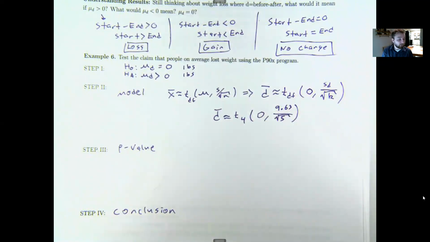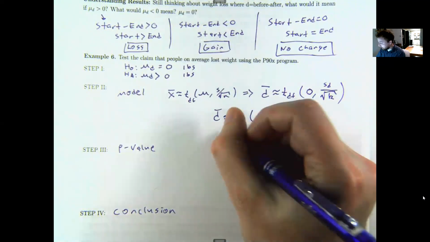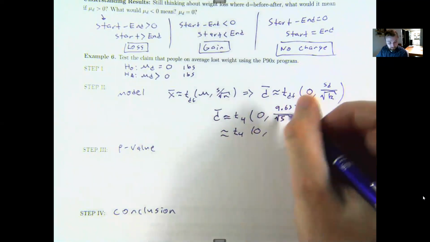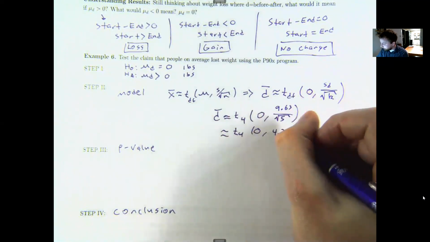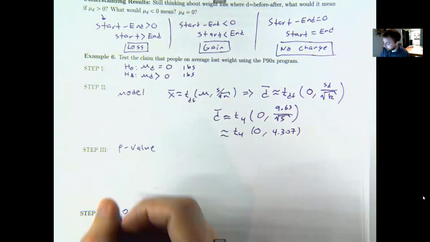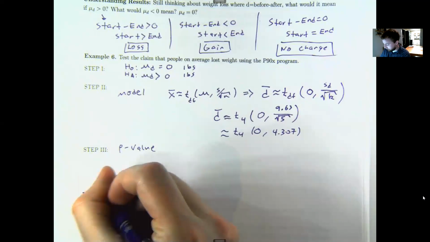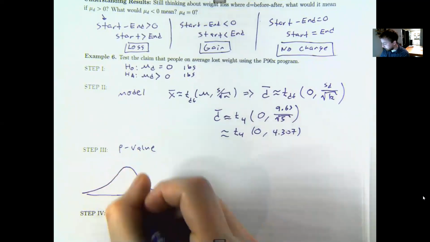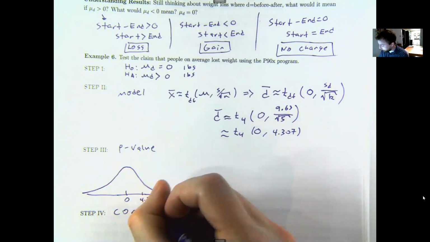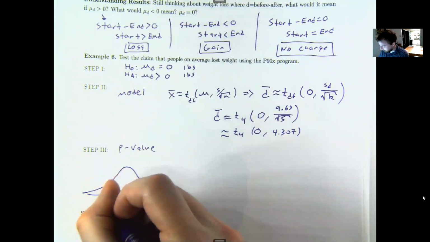I'm typing this into my calculator. When I do so, I get an average of 0 and a standard deviation of about 4.307. So if I draw my picture, my center is 0, and I'm roughly counting by about 4.3 pounds.